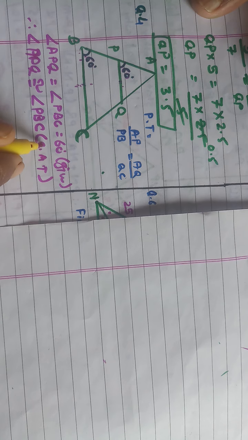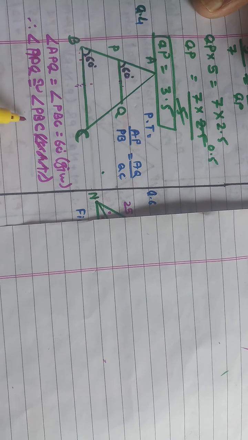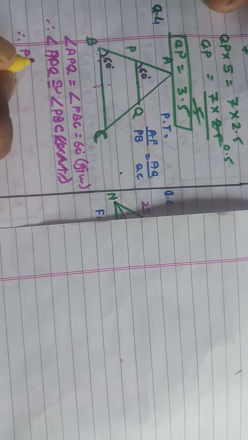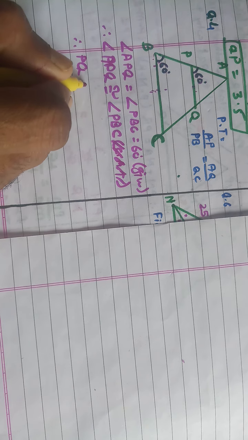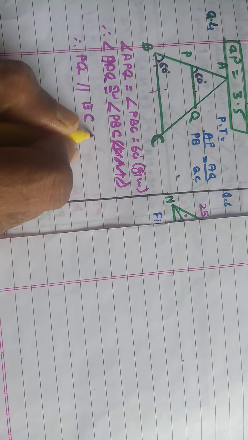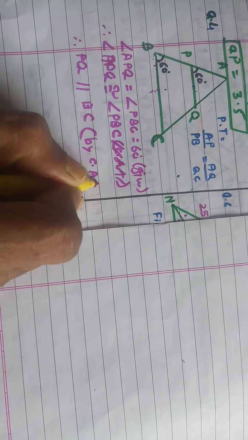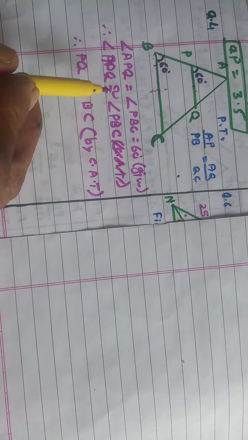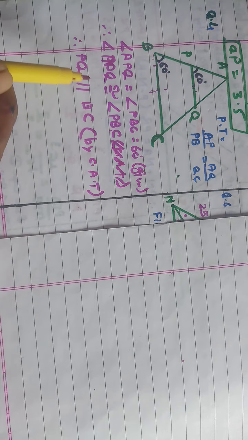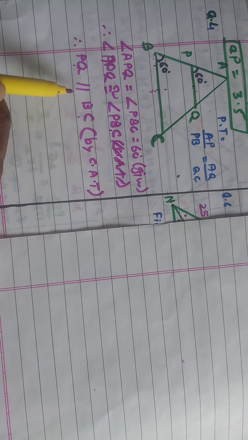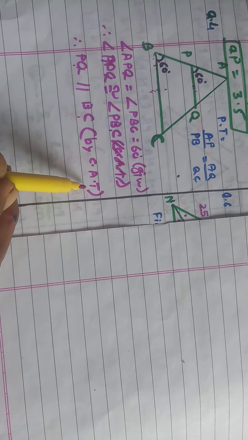So if these two angles are equal, therefore PQ is parallel to BC. Here we have to write by corresponding angle test. If the corresponding angles are equal, then these two lines are parallel.